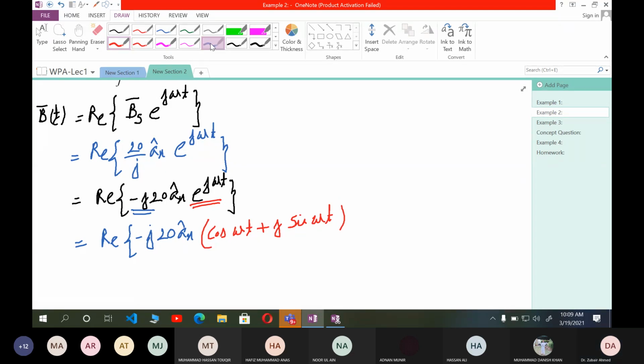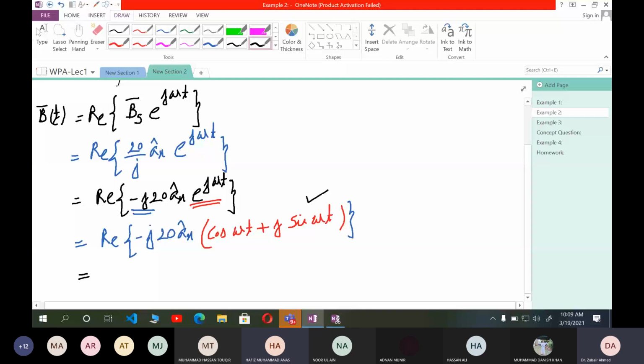Now, can anybody tell me what is the real part of this thing? This minus j 20 ax will be multiplied by this cosine omega t as well as this j sine omega t. Then what will be the real part of this expression? Sir, the sine one will come, 20 sin omega t.